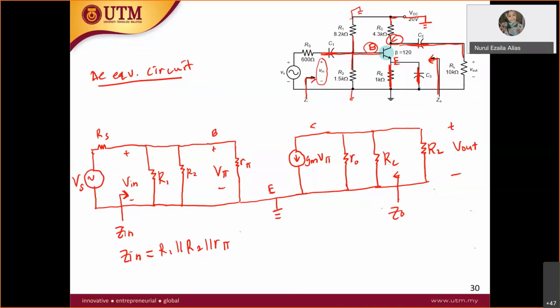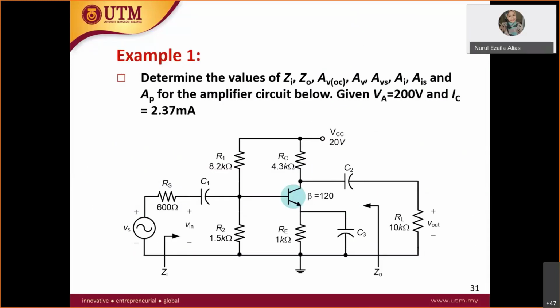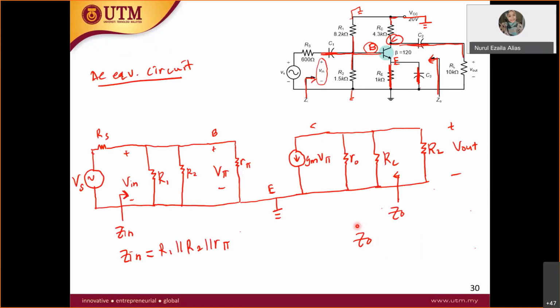Now Z out. When you look at the question, you have to carefully see where the arrow of your Z out is. The arrow of your Z out is before RL. Therefore, when you draw your AC equivalent circuit, Z out is before RL, meaning Z out does not include your RL.